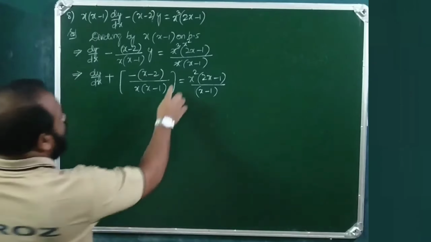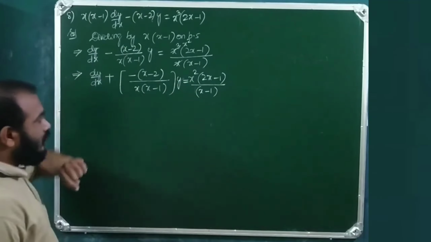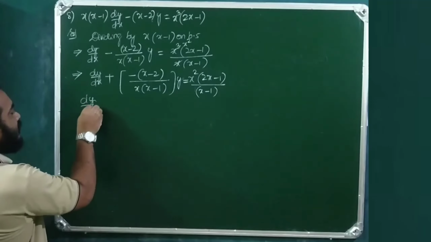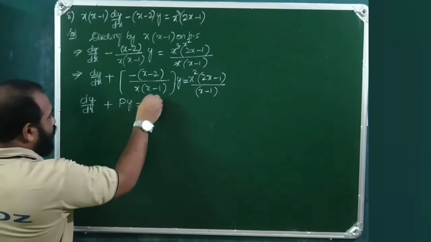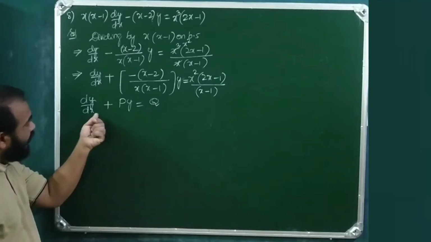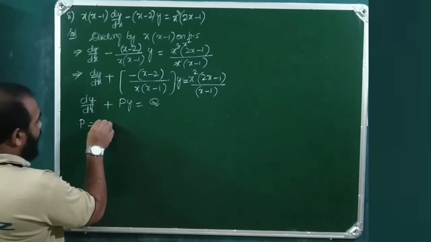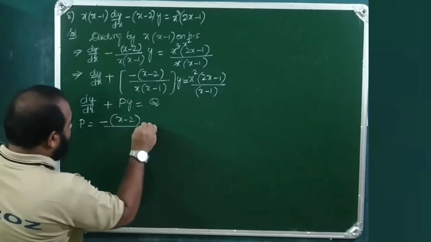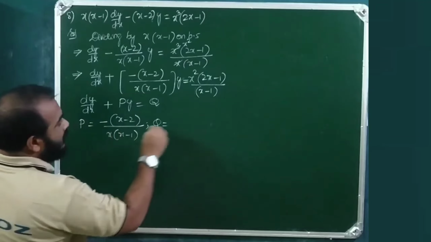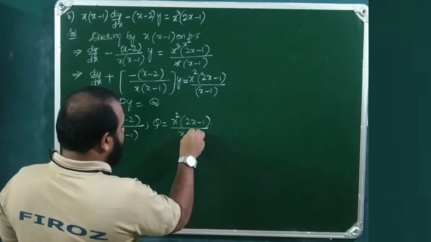Now this is clearly of the form dy by dx plus py equals to q, where p comma q should be in terms of x. Yes, we got in terms of x only. So p is equals to minus of x minus 2 by x into x minus 1. Q equals to x square into 2x minus 1 by x minus 1.